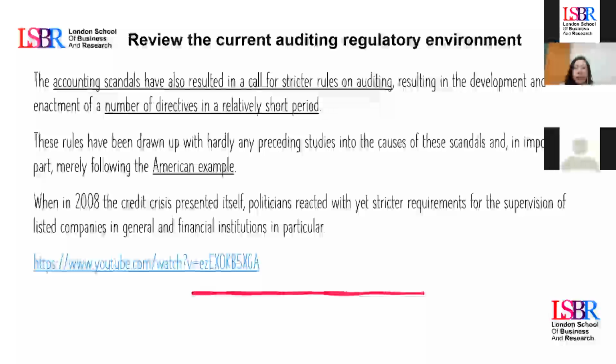I don't know if you know something about the financial crisis, but basically this crisis started because the banks in the United States started to lend money to people that couldn't prove their incomes.